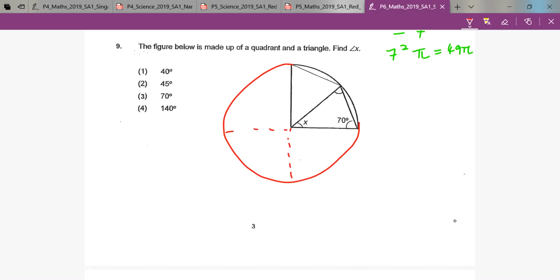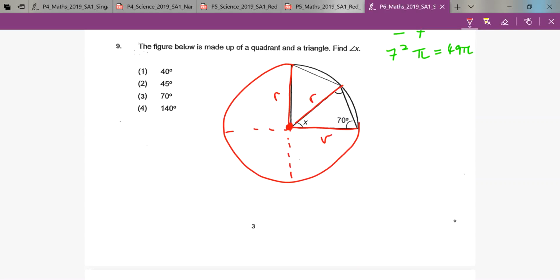One property of the circle is that from the middle, you draw any line across from the middle to any point on its arc. It's called the radius. This is called the radius. So this is also the radius. This is also the radius.